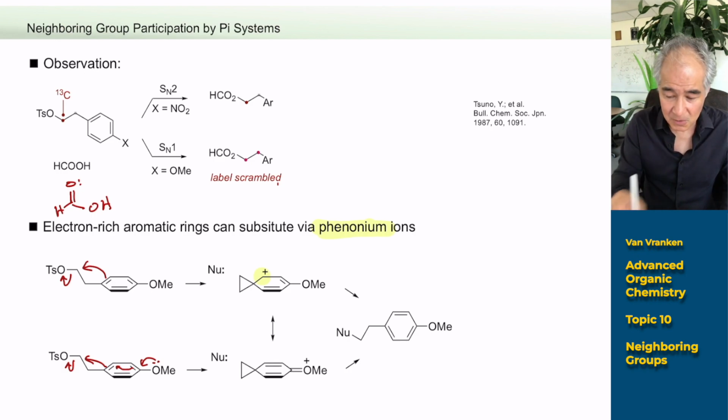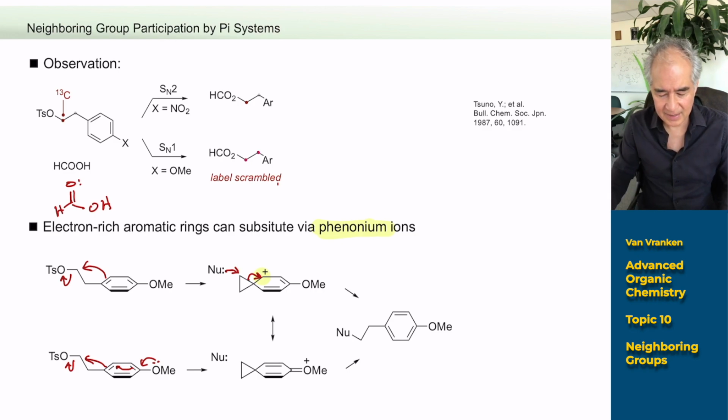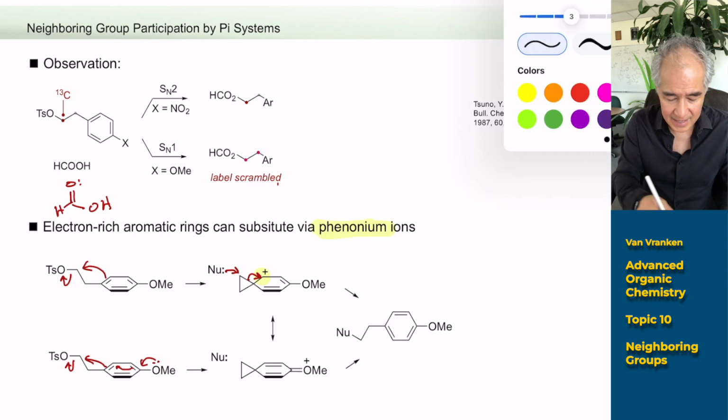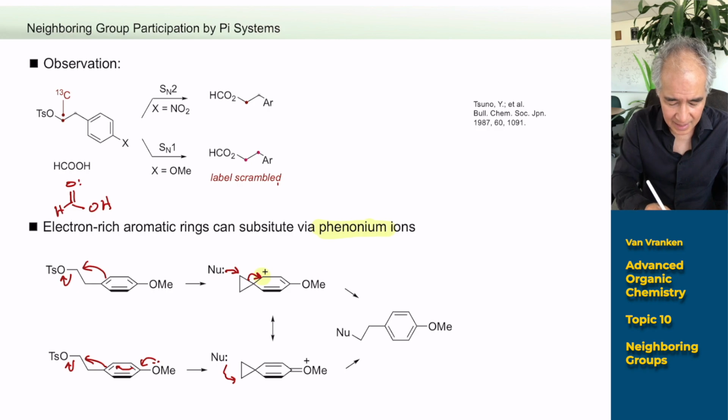Now, if you've got a nucleophile nearby, that nucleophile can reopen that ring. It wants to regenerate aromaticity. So if I push the arrows like this, then I can just regenerate aromaticity, and that leads to substitution. And because you can attack either side, I'll use the bottom structure here so I don't have too many arrows. I could just as easily have attacked the bottom carbon atom. There's no difference in reactivity there.